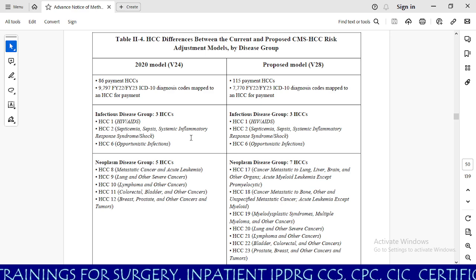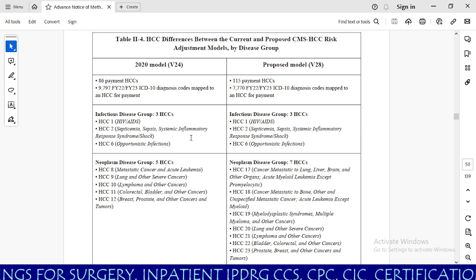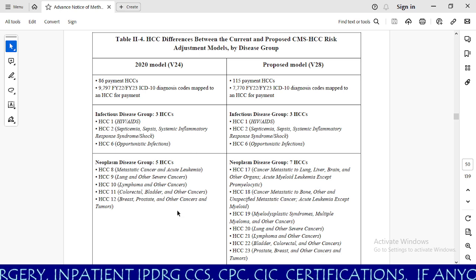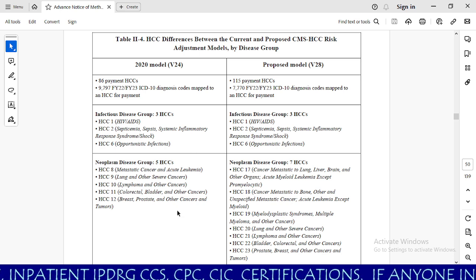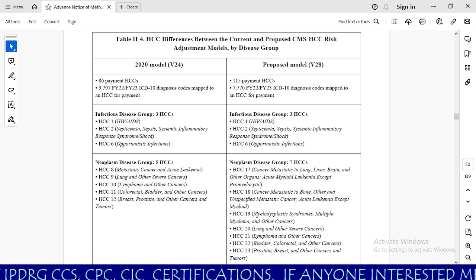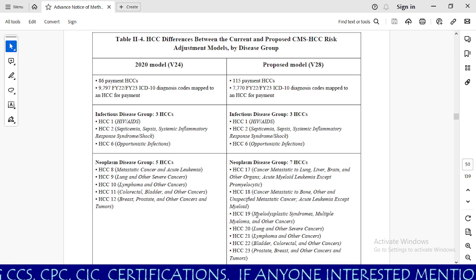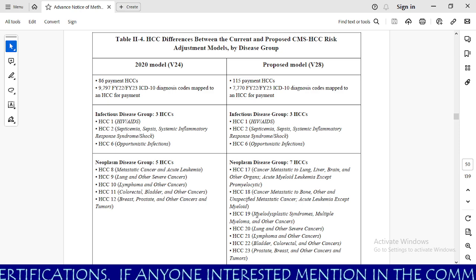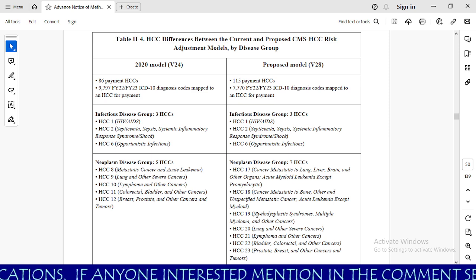If you compare infectious disease, 3 HCCs, those are common in version 28 also. For example, if you compare the neoplasm disease group, we have 5 HCCs in V24, but we have 7 HCCs in version 28. As we have discussed previously, HCC categories are increased.